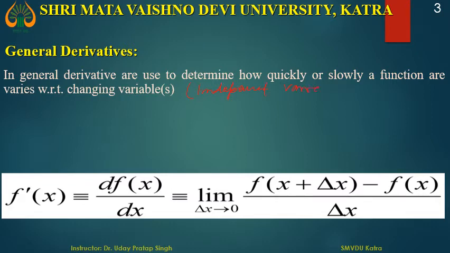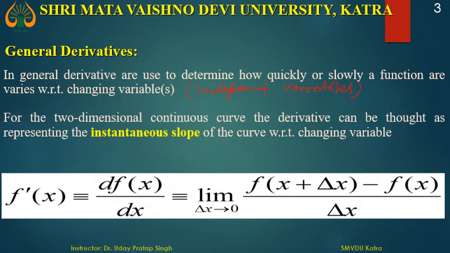That is, how quickly or slowly a function changes its behavior with respect to change in the independent variable. For the two-dimensional continuous curve, what is derivative? Derivative can be thought as representing the instantaneous slope with respect to changing variable.